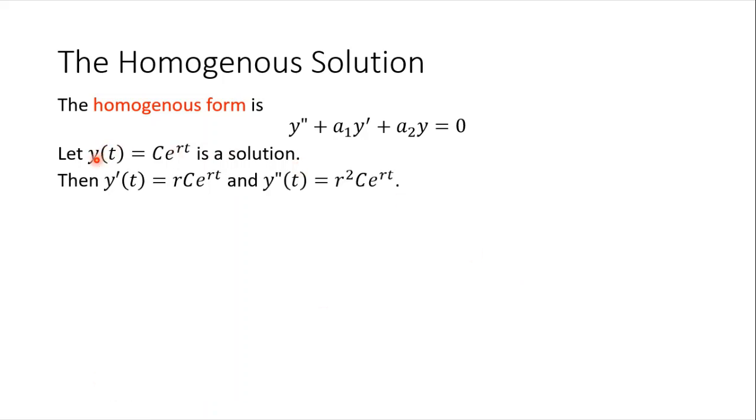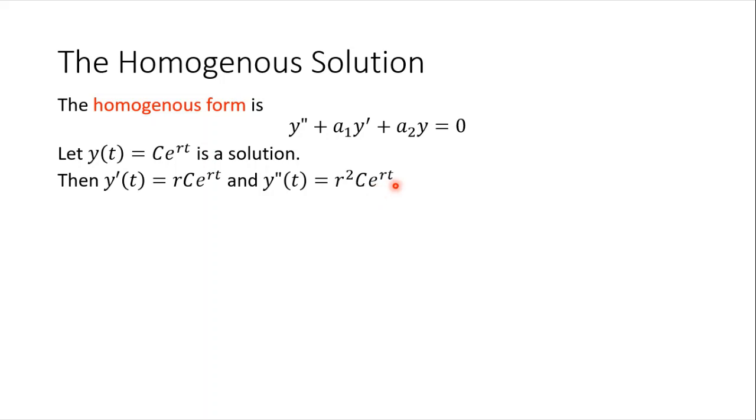Now if y(t) is equal to C e^(rt), in the homogeneous form of the equation we have to find both y prime and y double prime. The first derivative is r C e to the power of rt, and for the second derivative we take the derivative again and have r square C e to the power of rt.